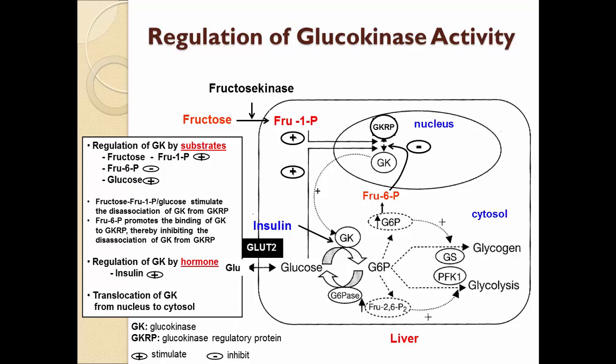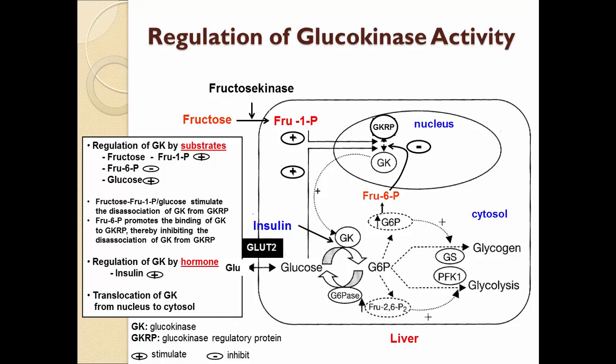Fructose 1-phosphate, which is metabolized from fructose, and glucose, these two substrates activate glucokinase by releasing glucokinase from the nucleus into the cytosol, right? And fructose 6-phosphate is a substrate that is converted from glucose 6-phosphate, and this fructose 6-phosphate inhibits glucokinase by inhibiting the release of glucokinase from the nucleus to the cytosol.